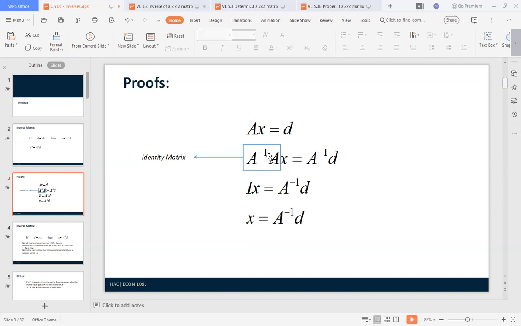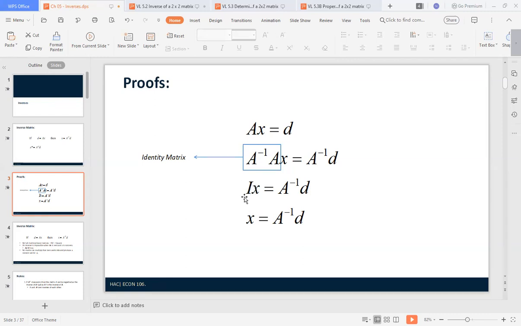And what will happen, class, if you multiply A inverse to A, you will get a product that is just equal to the identity matrix. So again, multiplying A inverse to the original matrix, you will end up with I, an identity matrix.